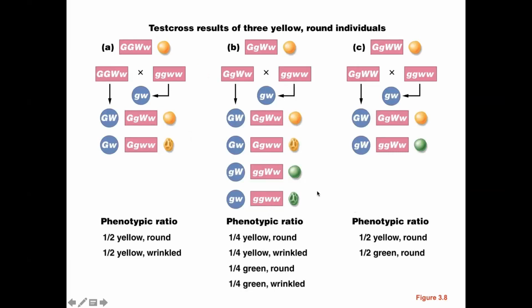Because you're heterozygous for both traits, you're going to segregate for both traits among the progeny of the test cross. And because they are being inherited independently of each other, you're going to generate a test cross segregation pattern for a dihybrid genotype of 1:1 to 1:1. 1/4 are going to be yellow round, 1/4 yellow wrinkled, 1/4 green round, and 1/4 green wrinkled.